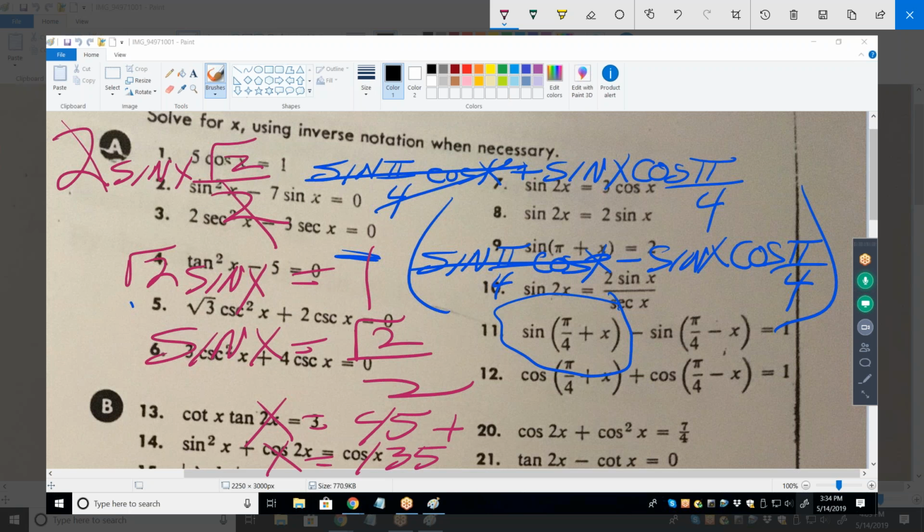Incidentally, your calculator is only going to give you that one. So you have to know that sine is also positive in the second quadrant. In the second quadrant, the angle related to 45 degrees is 135. So 45 plus 180 and 135 plus 180.